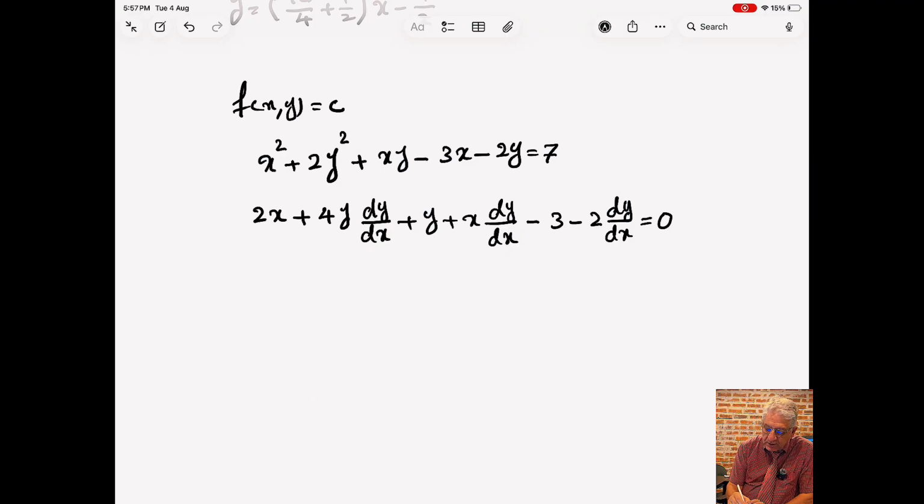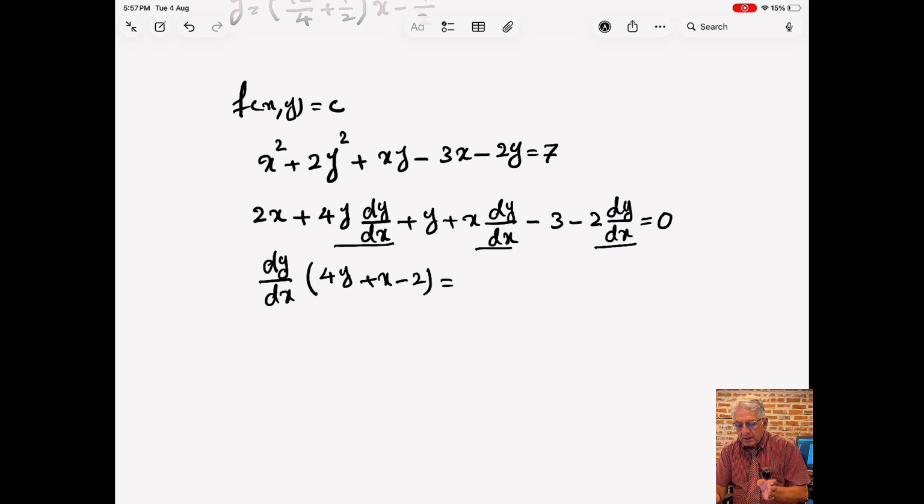Now you can factorize dy by dx. If you factorize dy by dx, you get 4y here, then plus x here, and negative 2 here. The others I will take to the other side: negative 2x, negative y, and the negative 3 goes to that side as positive 3.